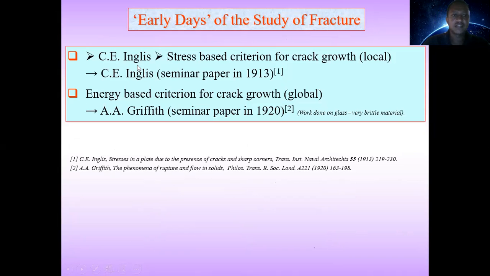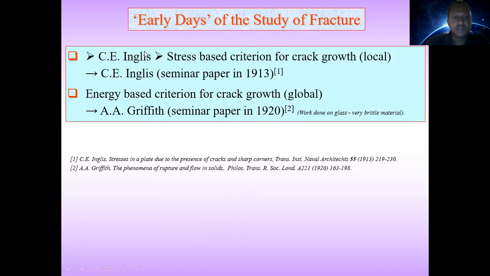So these are some contributors who have been involved in the evolution of fracture mechanics. The early days of the study of fracture were by English and by Griffiths.